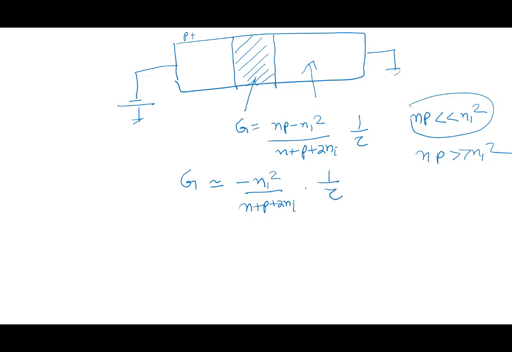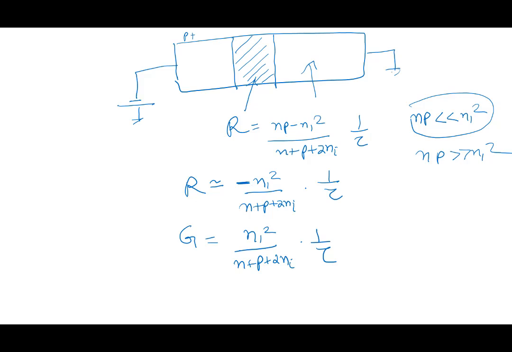That's where you see the negative sign, which means it is generation. If I call it R, the recombination rate, then R equal to minus, and minus R becomes the generation rate. So G equals ni square over n plus p plus 2ni, times 1 over tau.